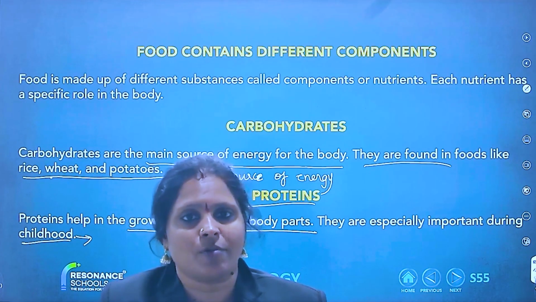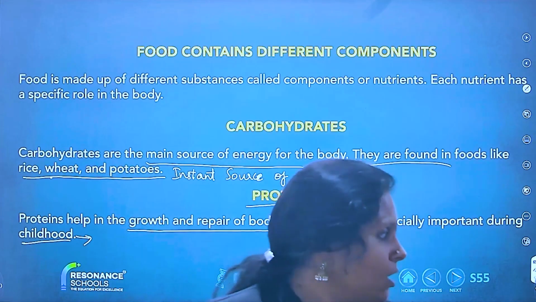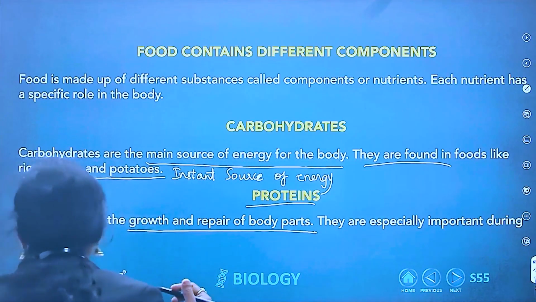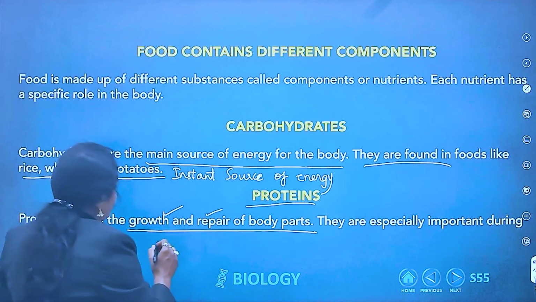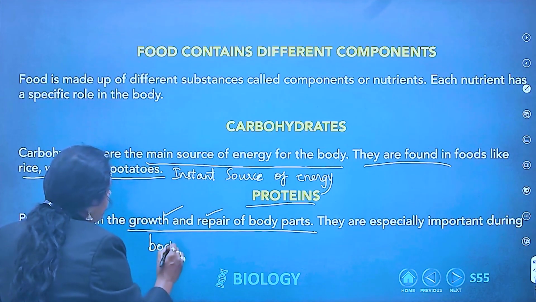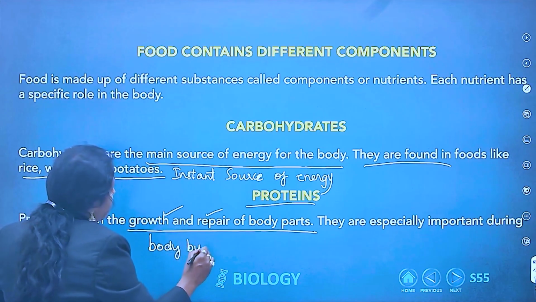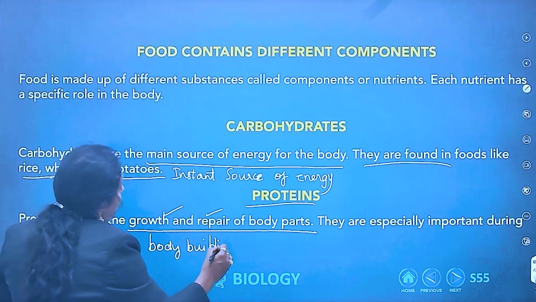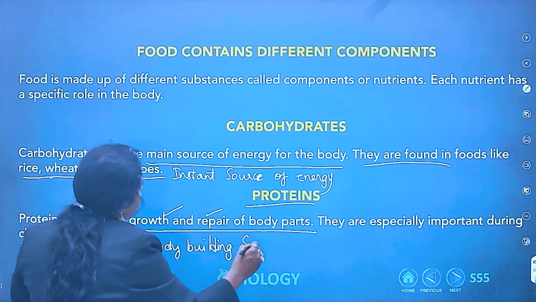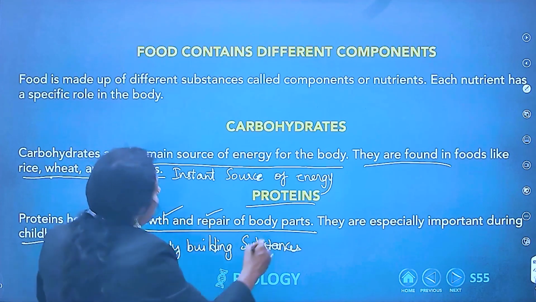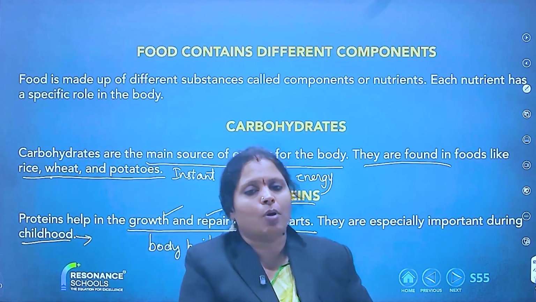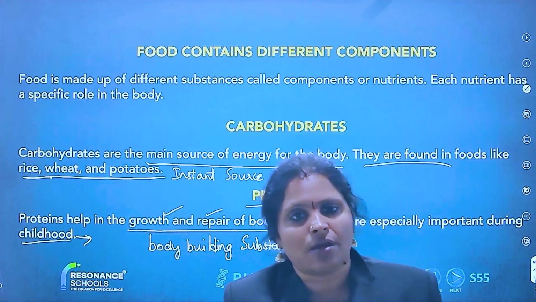Everything is formed because proteins play a key role in growth and body repair. You can write the word bodybuilding substances. Bodybuilding substances are proteins. Please make a note, all of you.